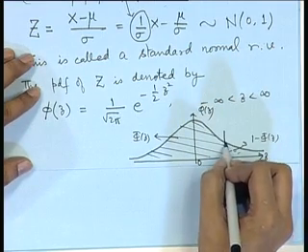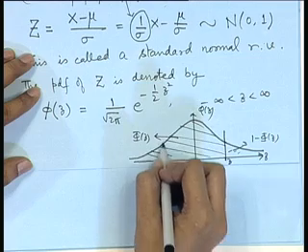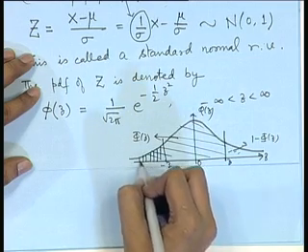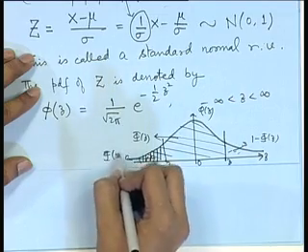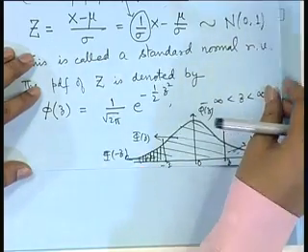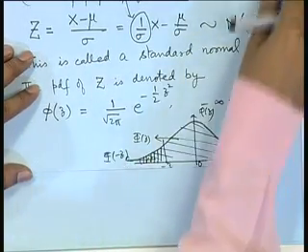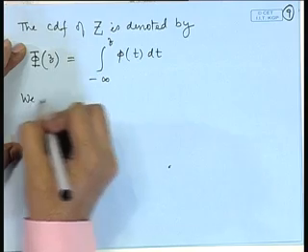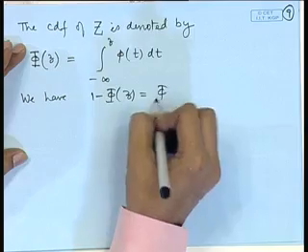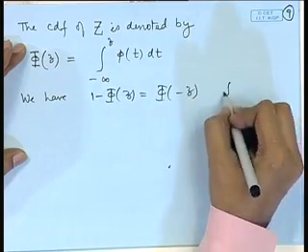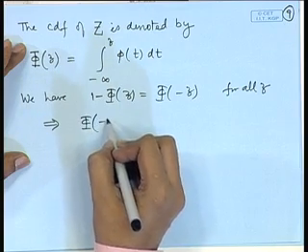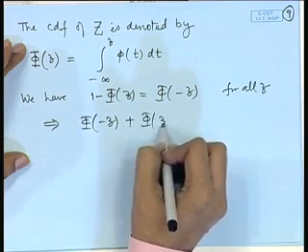By symmetry of distribution, if we consider the corresponding point, say minus z here, then the area here is phi of minus z, which shows that 1 minus phi of z is equal to phi of minus z. So, we have 1 minus phi of z is equal to phi of minus z. This is true for all z. That means, we can write phi of minus z plus phi of z is equal to 1.